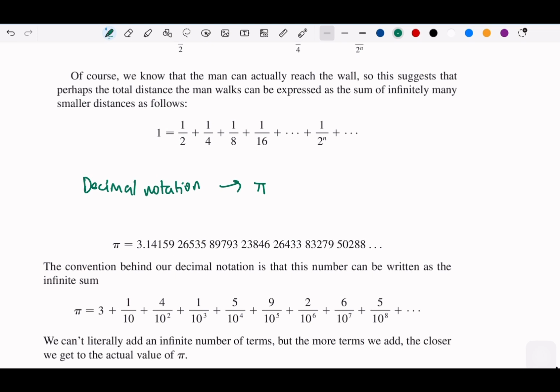And we could see that if we add more terms, the closer we get to the real pi number. Okay. So this is just an illustration of how taking an infinite sum will have some unique conclusion that we are going to discuss.